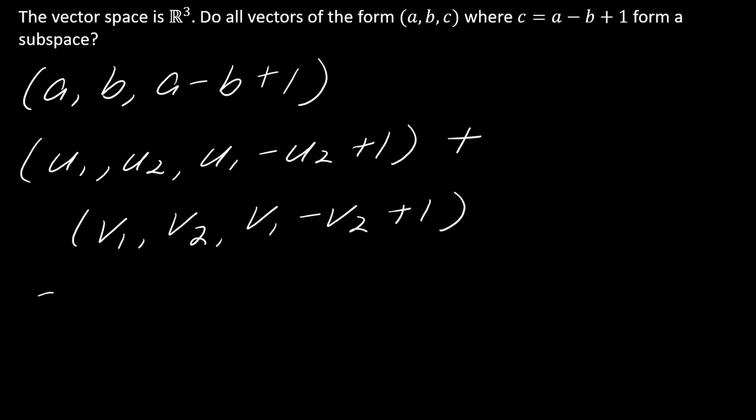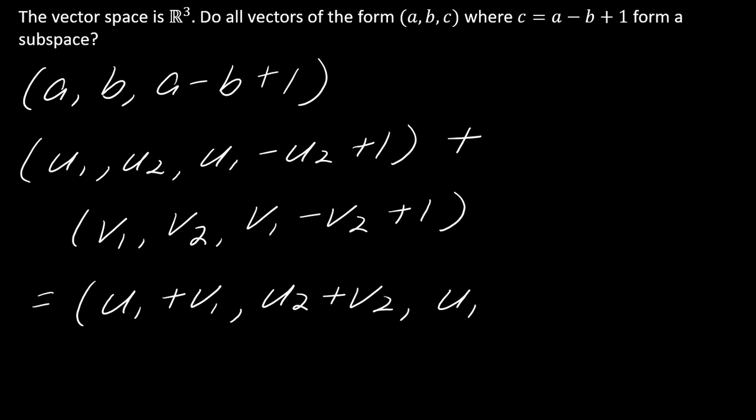I'm still in R3, so I can just assume the normal operations from R3. This will become (u1 plus v1, u2 plus v2, and then u1 plus v1 minus u2 minus v2 plus 2).